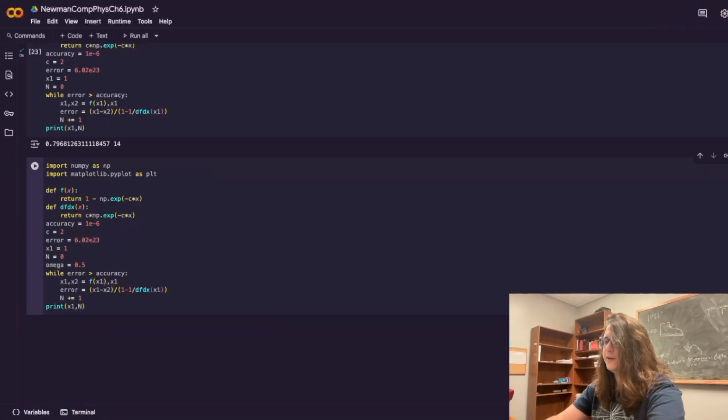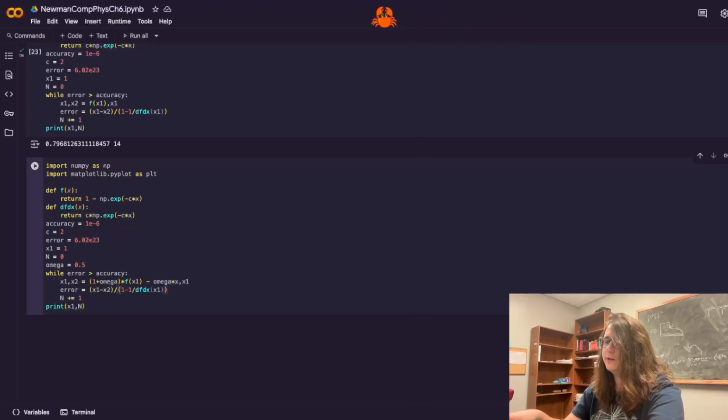We need to change this line. It's no longer x1 equals f of x1. It's now 1 plus omega times f of x1 minus omega times x. But you set x2 equal to x1. And we also need to change the error line.